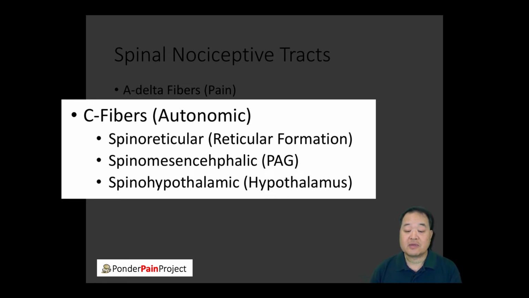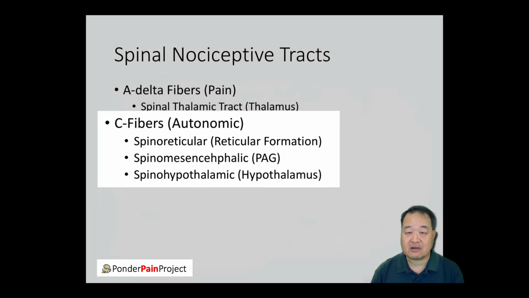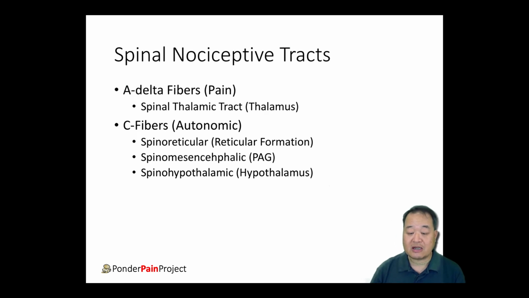They'll transmit information to the periaqueductal gray through the spinomesencephalic tract. The C fibers will also transmit information up to the hypothalamus through the spinohypothalamic tract. So these are the main tracts that transmit information about nociception and pain up to the brain.